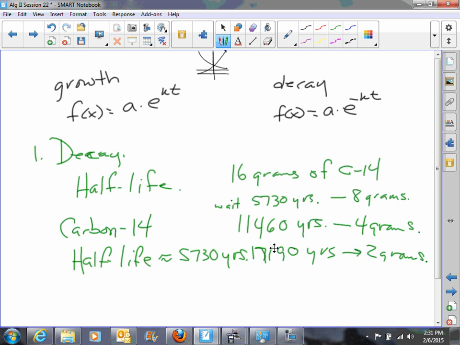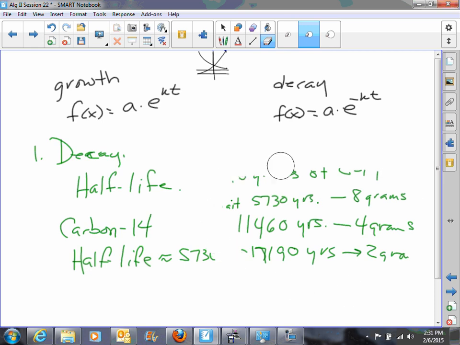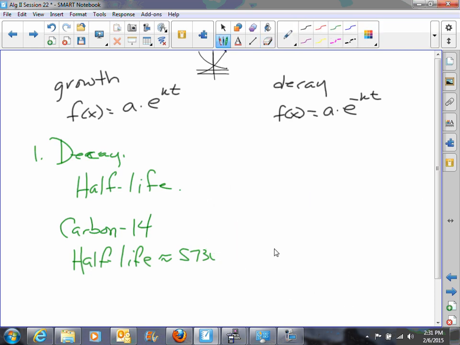Now, you have all probably heard that scientists will use carbon-14 to date fossils and so forth. And the idea is something like this. There is a relatively constant amount of carbon-14 in our environment around us.